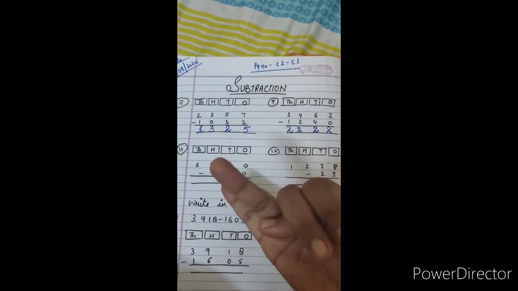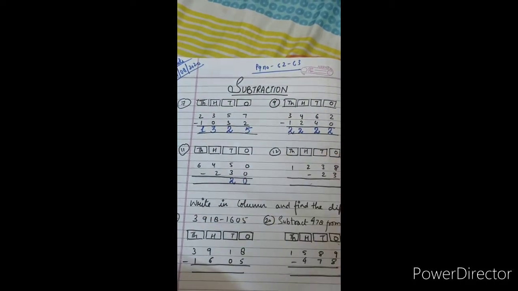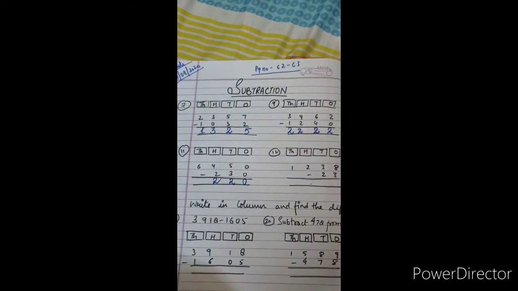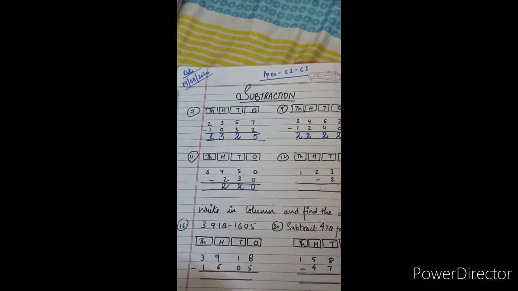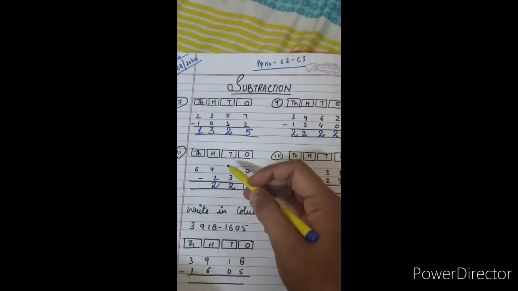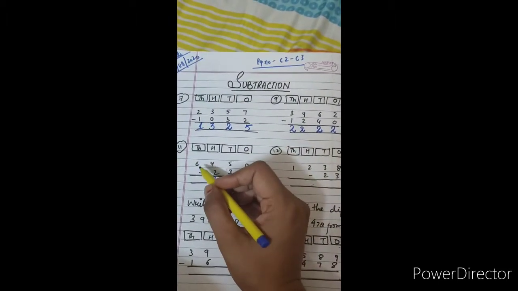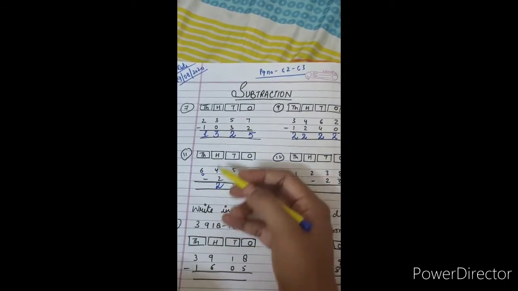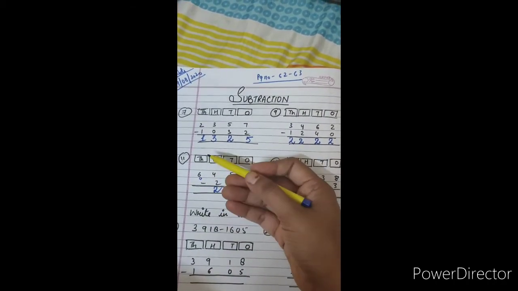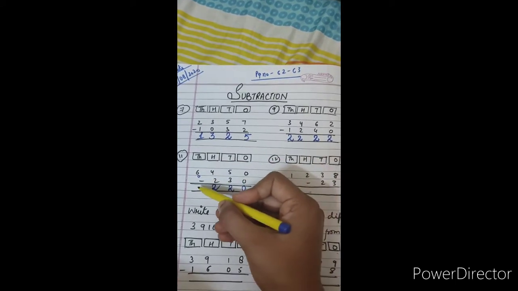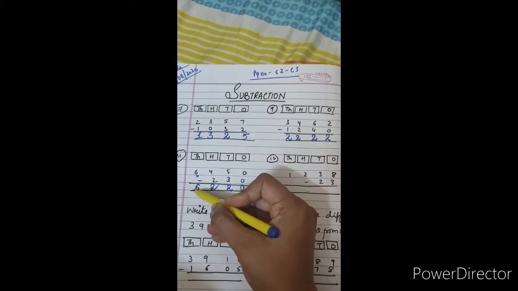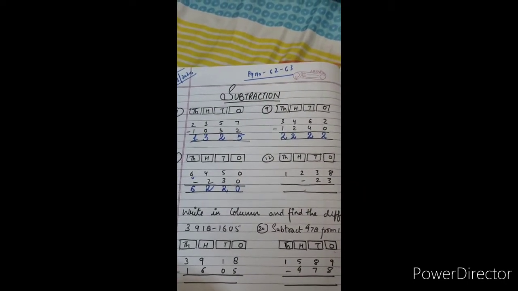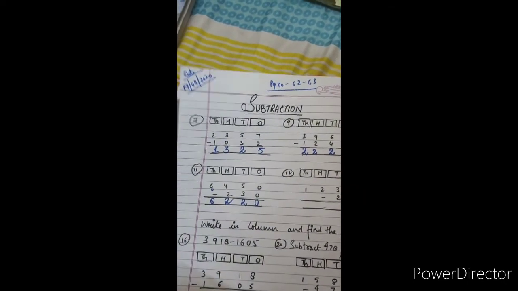So 4 minus 2 is 2. So we write 2 under the hundreds column. Now subtracting thousands from thousands. There is nothing, so it means 0. So we subtract 0 from 6. It means 6 minus 0 is the same number, 6. So the answer is 6220.